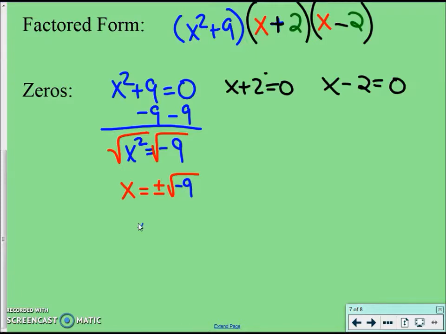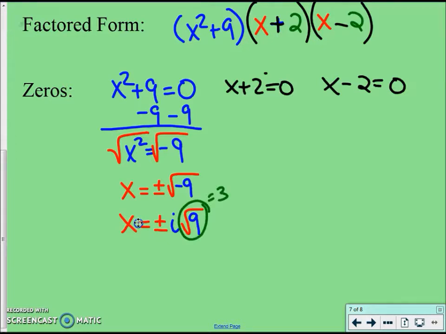I don't like the negative in there, so we're going to pull that out. When I pull that out, I'm going to end up with i, and then the square root of 9. The i comes from removing the negative from the square root sign. At this point, I also know that the square root of 9 is equal to 3.